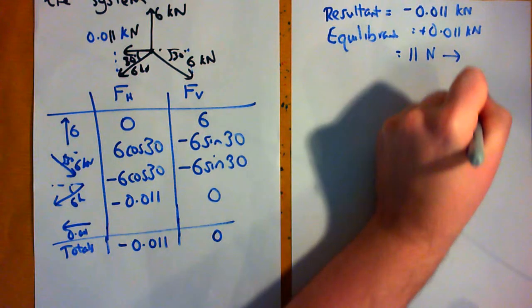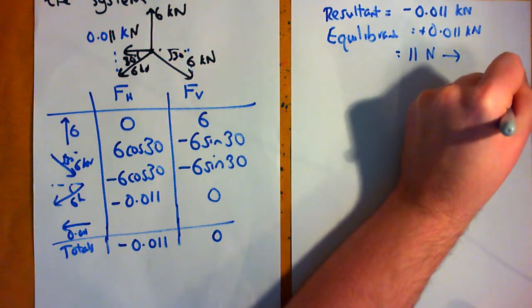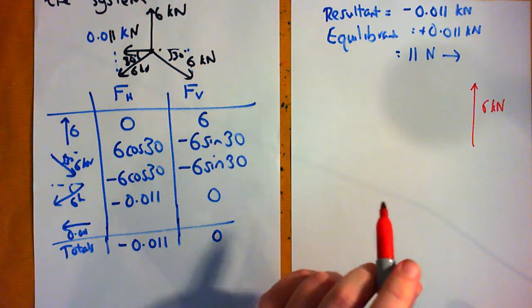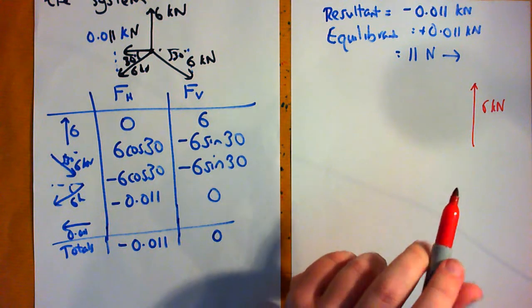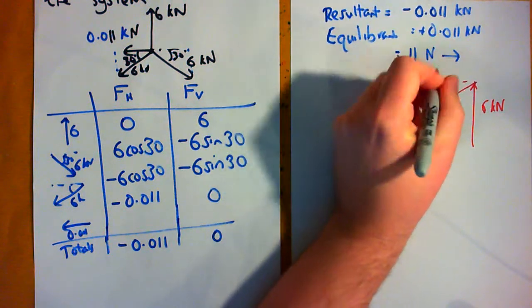So we have a 6 kilonewton force pointing upwards, and let's have a look now at the one that was pointing to the left, downwards. From there we had a 30-degree angle.